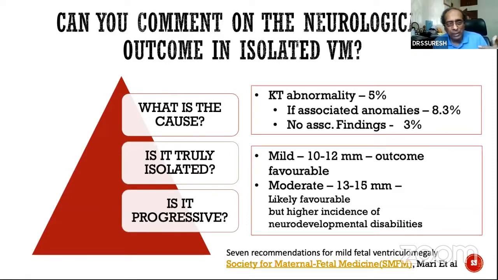This paper actually divided it into subgroups. Between 10 and 12 millimeters, if you call it mild, most of them have a favorable outcome. Whereas between 13 and 15 millimeters, which is moderate, there's a likely favorable outcome, but there's a higher incidence of neurodevelopmental disability.